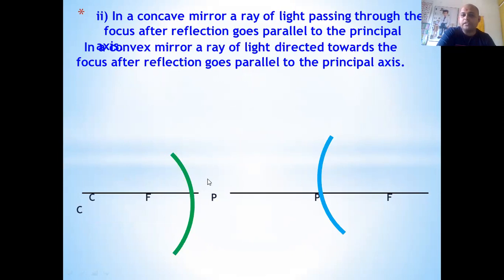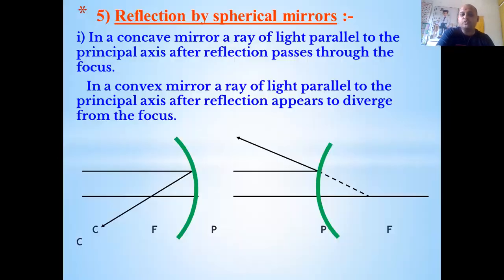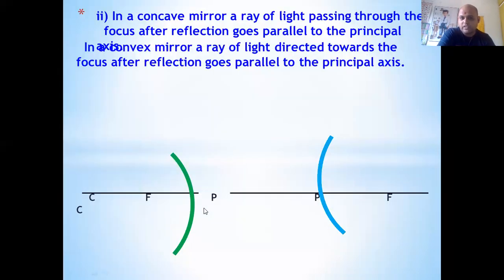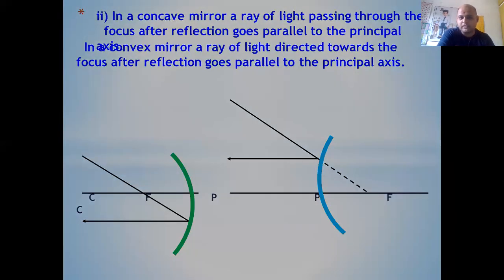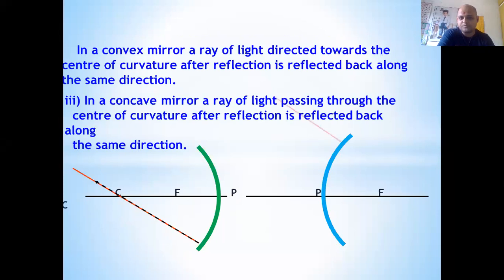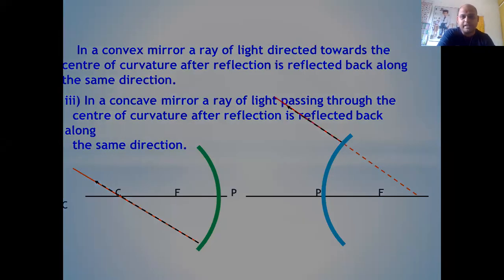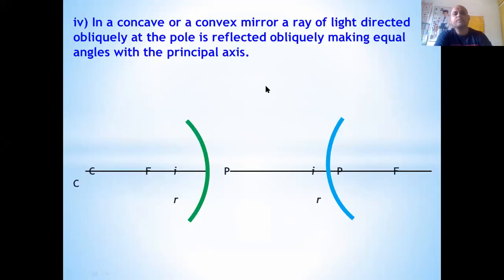When the incident ray is parallel to the principal axis, the reflected ray will diverge as if from F. We have done this, correct? You have to keep noting the similarities between the two, where they are coming up. Three different types of rays and three different types of reflected rays, right?